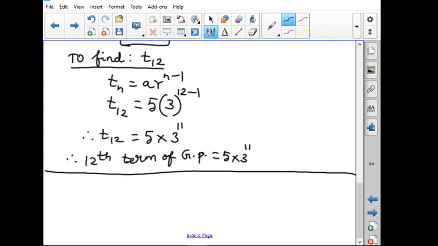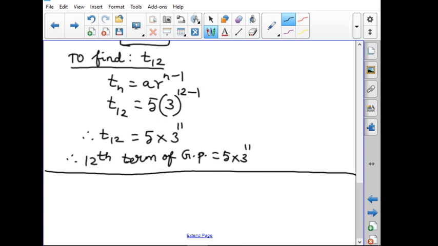The next one, the 7th one. Find the 10th term of a GP whose 8th term is 768 and the common ratio is 2. In the 7th problem, they have given the 8th term and the common ratio, and asked to find the 10th term.